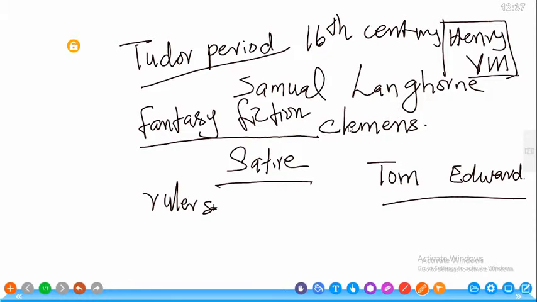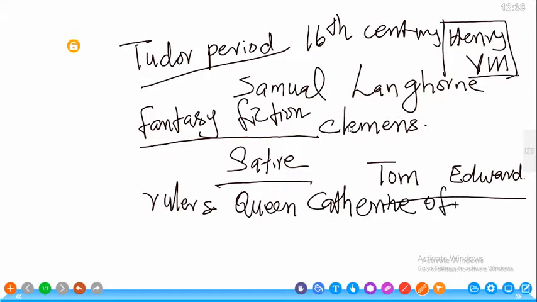Some of the queens and kings' children are mentioned here and there in the story. Queen Catherine's daughter Mary came to be known as Bloody Mary.